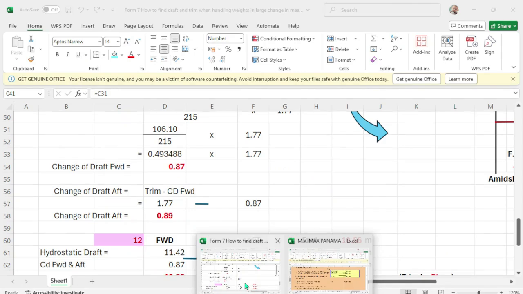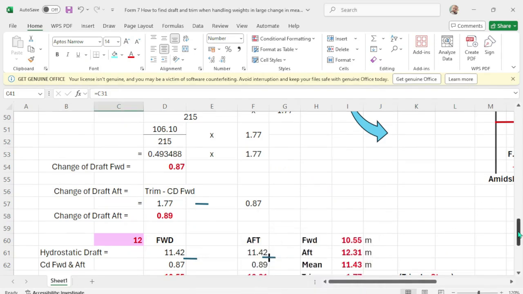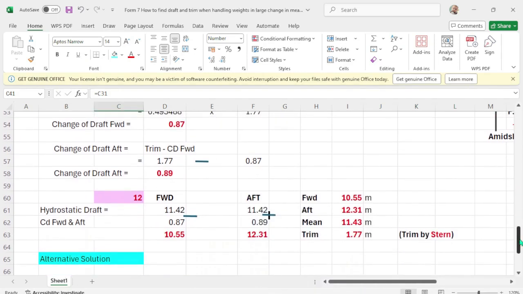Then we go here, program. So your mean drop of 11.43 or hydrostatic drop, you apply your change of drop forward and up, 0.87 forward, and up is 0.89.